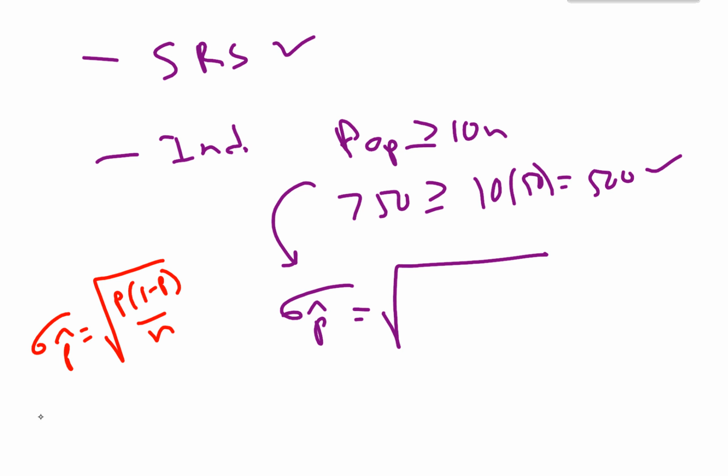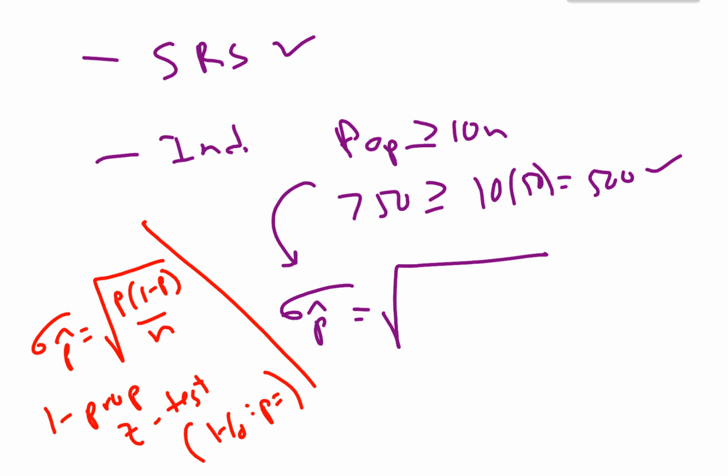But that's only if you're doing a one proportion Z test, and that would be because you have an H0 which states what p equals. That's not the case in a confidence interval. We don't have a null hypothesis, so the best we can do is use our p hat here. So that's an important difference when you're dealing with confidence intervals.